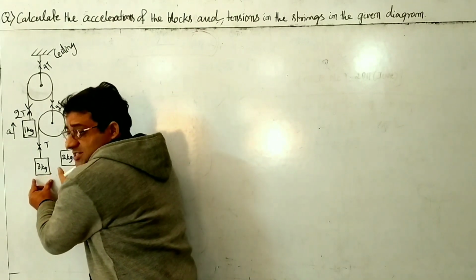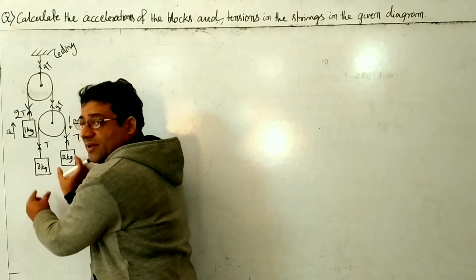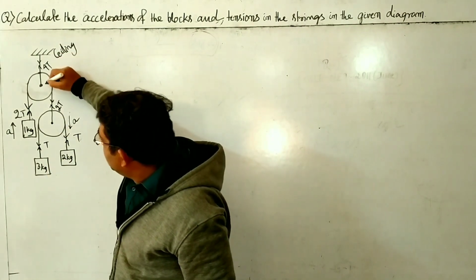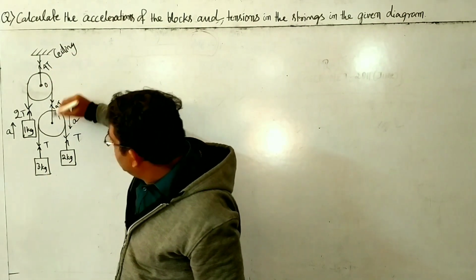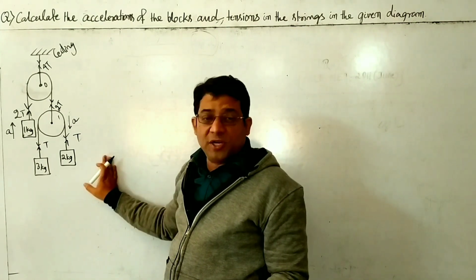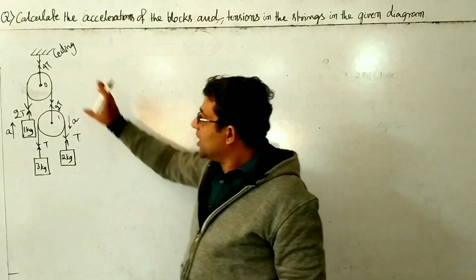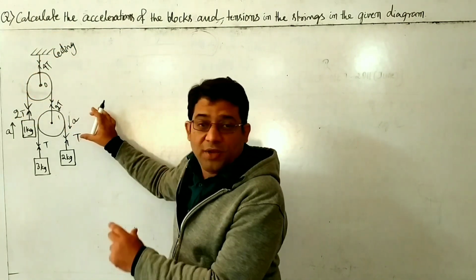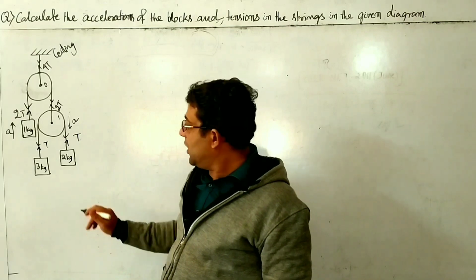However, because the 3 kg and 2 kg masses are different, there will be one more acceleration here too. Let us give some names: 0th pulley, 1st pulley. That means if there are more complications in the question, if another pulley is there, we can take 2, 3, 4. So the pulley which is fixed is the 0th pulley we took, and the pulley which is moving is the first pulley we took.